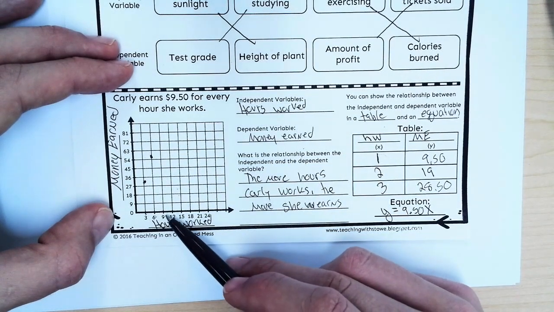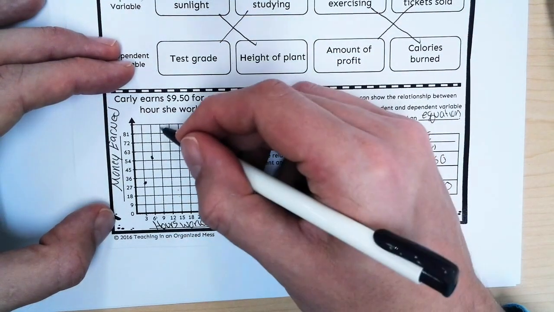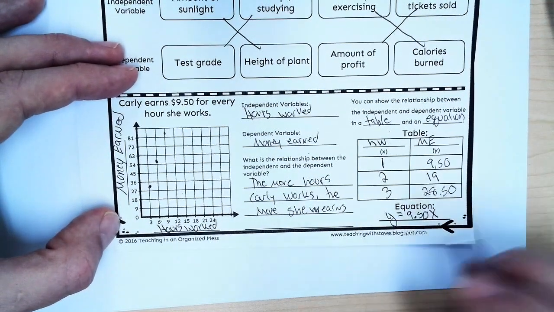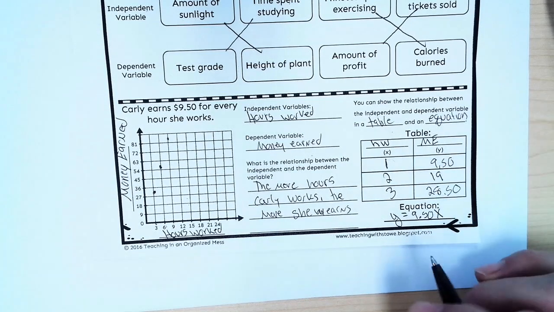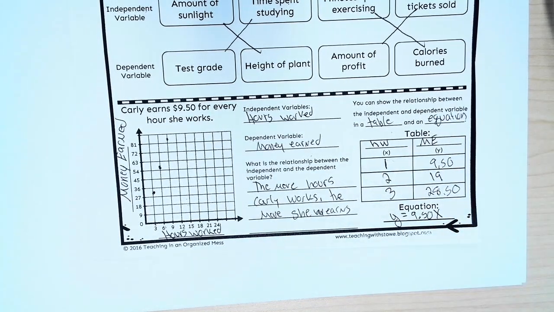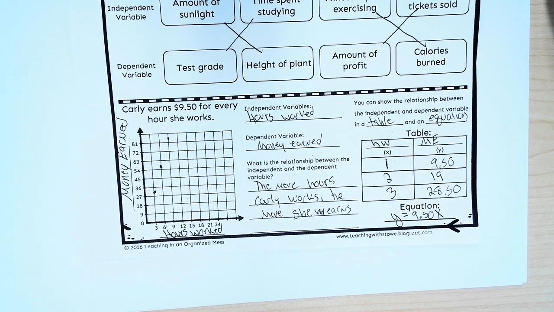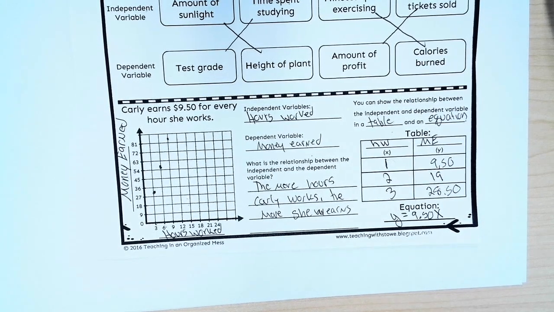And then 9 times 9 is about 81, but it's going to be a little bit more, so we'll go up there. And you can see our relationship there. Great. Big thing to remember is cause and effect. What is the cause? What is the effect of that cause?